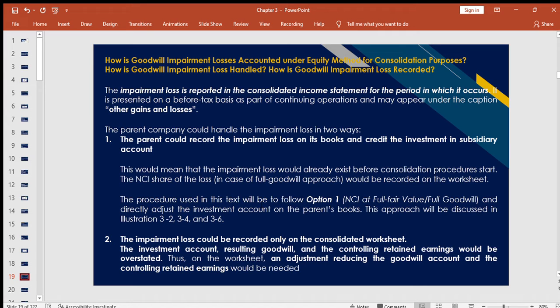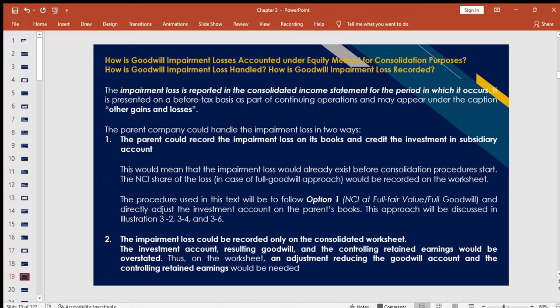One, the parent could record the impairment loss on its books and credit the investment in subsidiary account. This would mean that the impairment loss would already exist before the consolidation procedure starts. The non-controlling interest share of the loss, in case of the full goodwill approach, would be recorded on the worksheet.